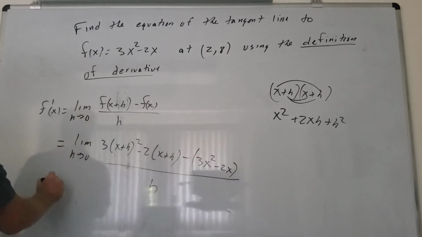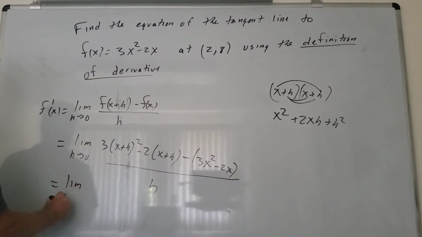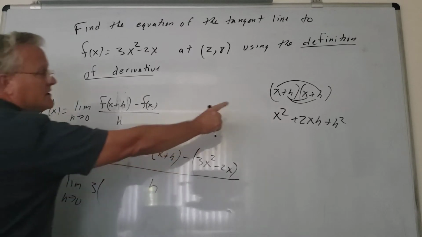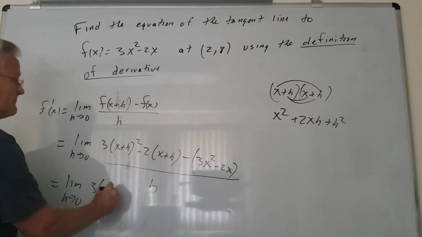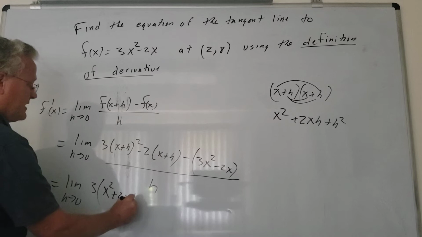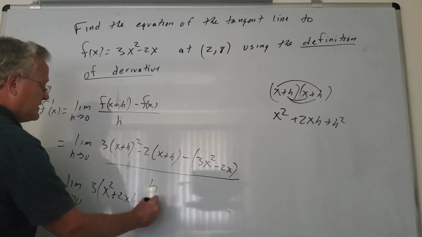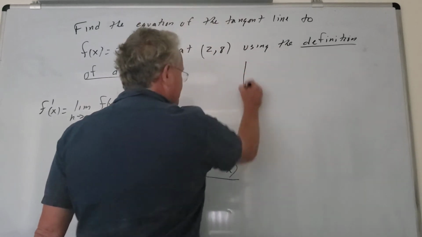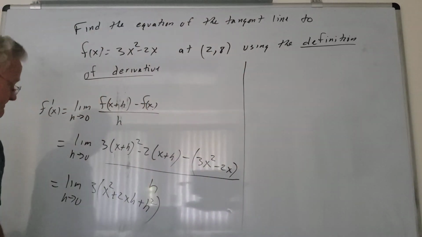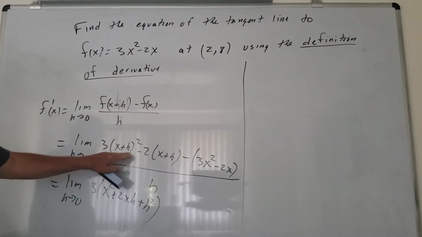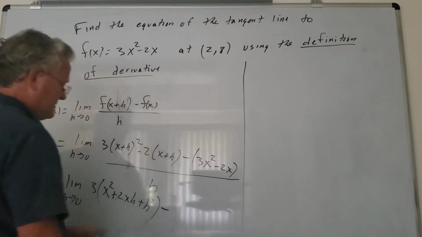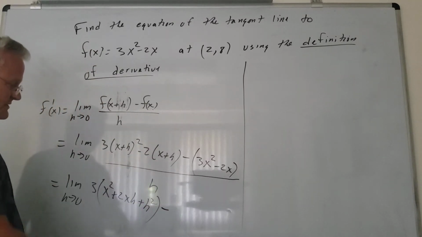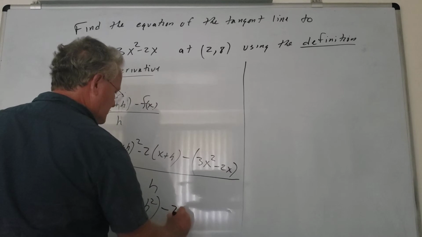So this gives us the limit, as h goes to 0, of 3 times the quantity x squared plus 2xh plus h squared. That's 3 times this, and we have minus 2, and I'm going to distribute, so we have minus 2x minus 2h.